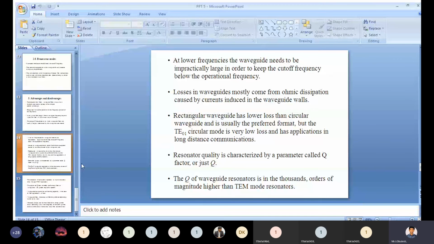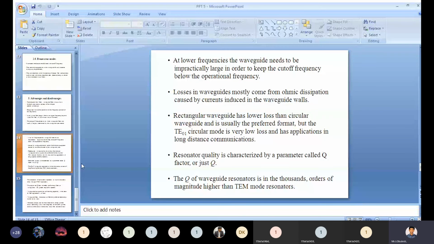So we prefer the TE01 circular mode, which has very low loss, and you need to use this in long distance communication.